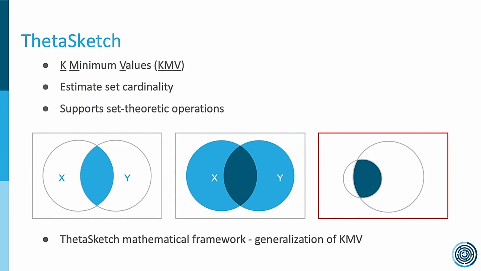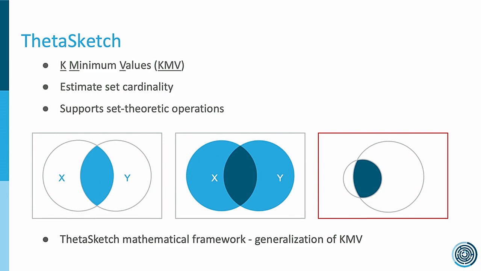And with this algorithm, you can estimate set cardinality. So it basically means that you can get the number of unique elements in a set or in a stream. I forgot to mention, but K defines the number of elements that you store in your sample. So this is a constant that you should define. And minimum values refers to the process of selecting the elements to the sample.